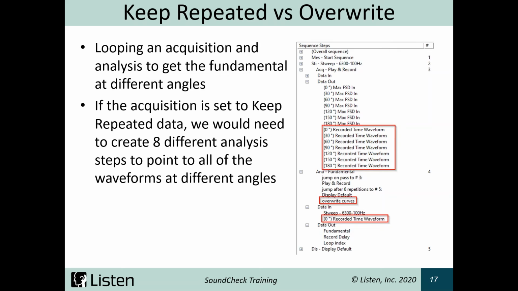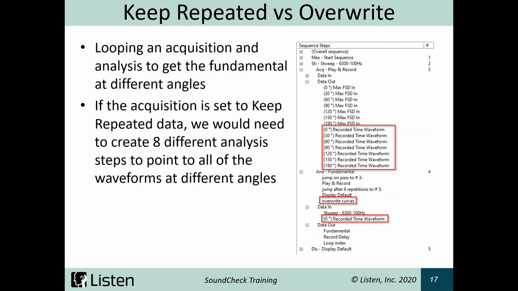And remember, we can change these on a step-by-step basis. If we look at this first example, my acquisition step, number 3, is set to keep repeated data. One thing to keep in mind is that if it's set to keep repeated data, there will just be no specification. If it's set to overwrite curves, like it is in my analysis fundamental, it will tell you overwrite curves.